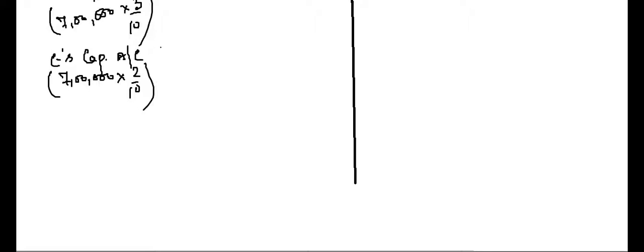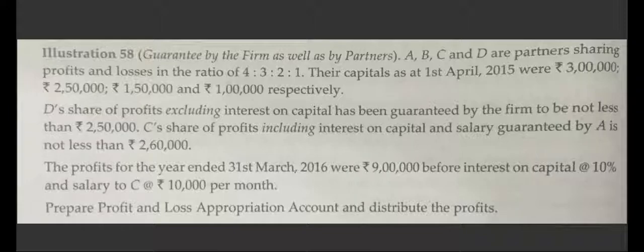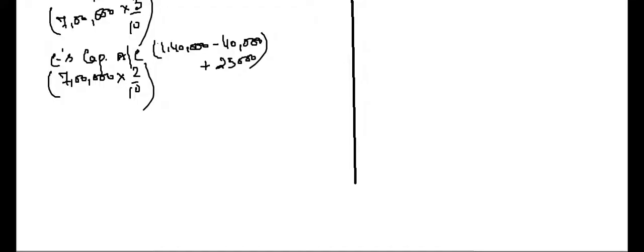This comes to 1,40,000 minus the firm's deficiency 40,000. Add deficiency recovered from A 25,000. Right? So this comes to 1,25,000. Right?